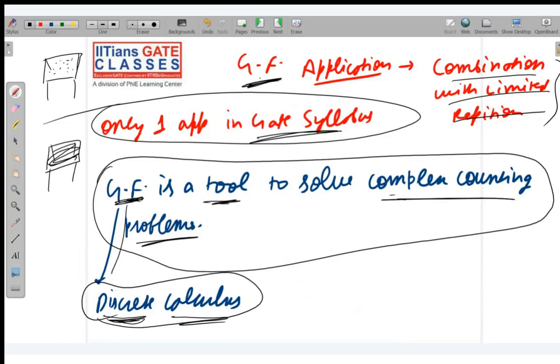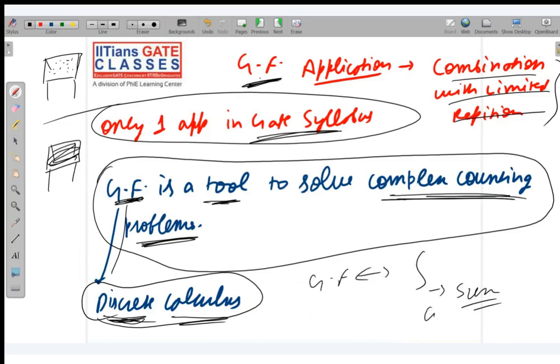It is used in complex counting problems. Since it is a discrete calculus, and continuous things like real numbers are very difficult to handle, but natural numbers we can handle easily, you can consider generating function just like integration. Why? Because in integration also we are doing a continuous sum.